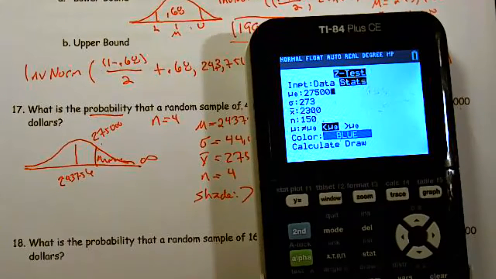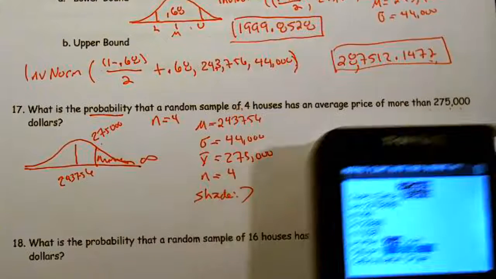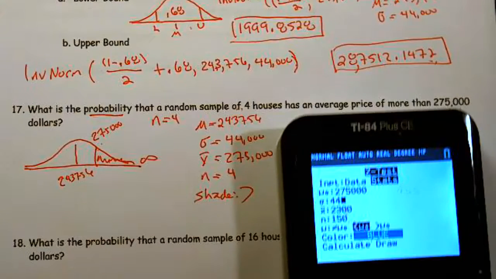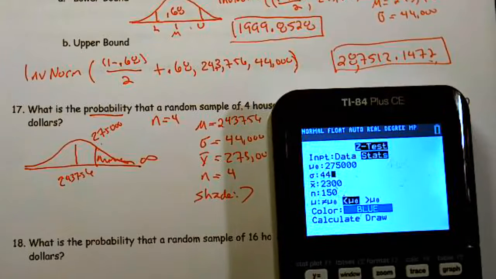275,000, 44, excuse me, that's not right. This needed to be 243,756. Standard deviation 44,000. X bar of 275,000.